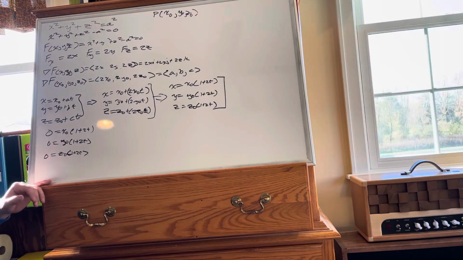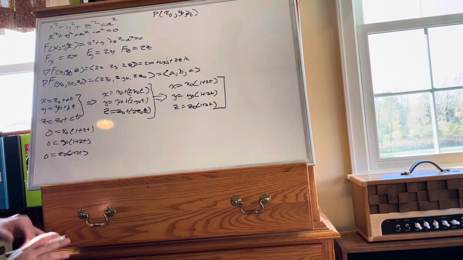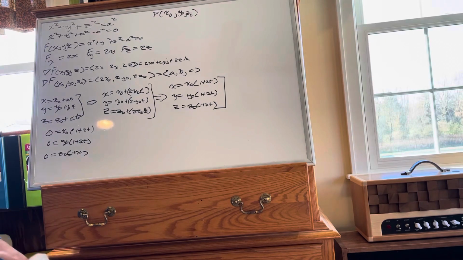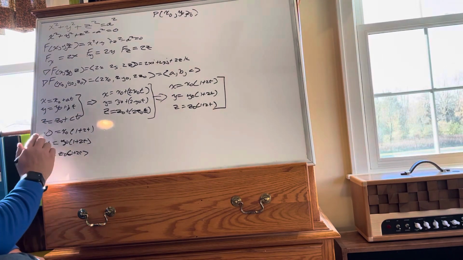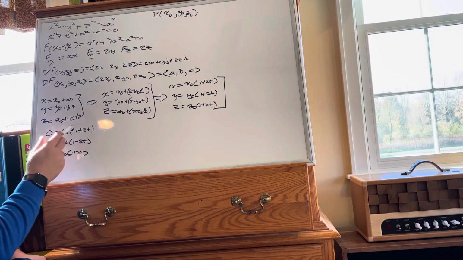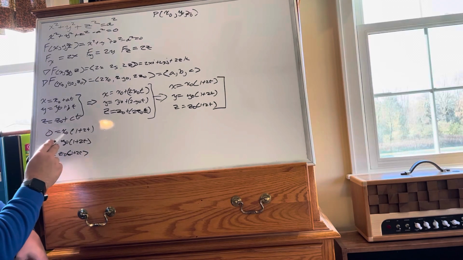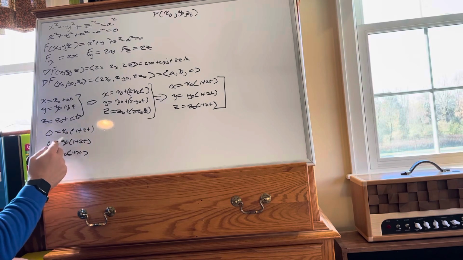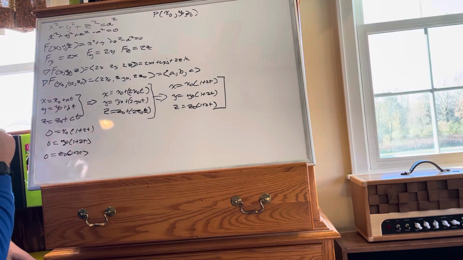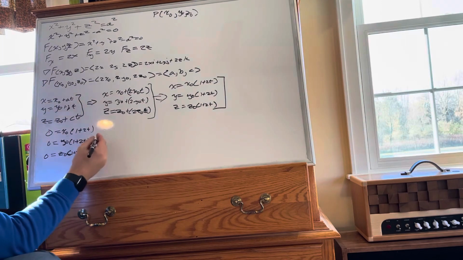So what we have here are our parametric equations. What we know is that x naught, y naught, and z naught are going to be equal to 0.